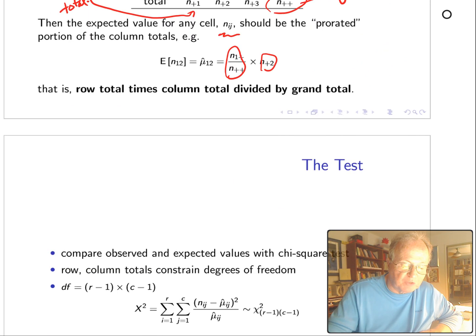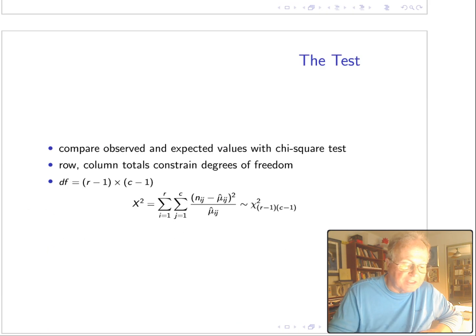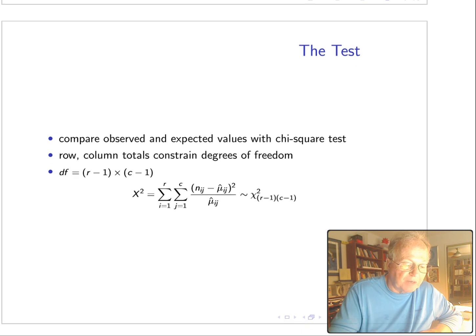So let's see how this works. So we can do a test. We'll compare those observed and expected values with a chi-square test, of course. Now, the row and column totals constrain the degrees of freedom, so we're going to have to subtract off a little bit more than 1. In fact, the degrees of freedom is rows minus 1 times columns minus 1.